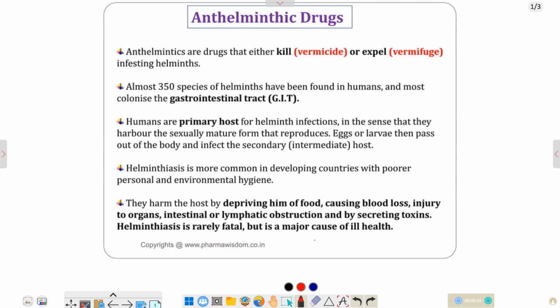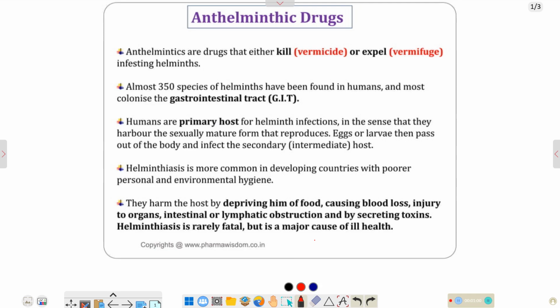There are approximately 350 species of worms in humans which cause different types of disease in our body. Their primary host is human, and they infect our GIT tract, especially our colon.